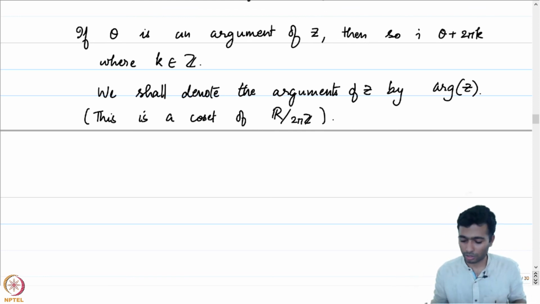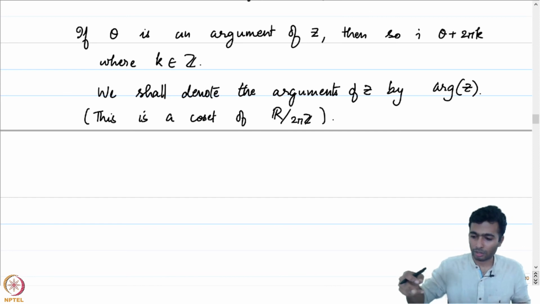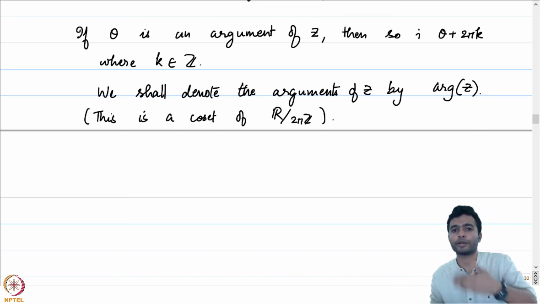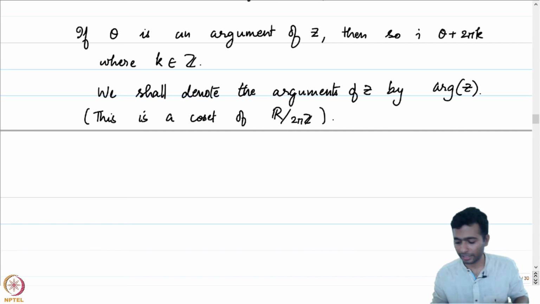Geometrically, we already saw what the argument means. If you go around in the counterclockwise direction 2 pi, you get back the same number, the same vector. That's the geometric picture to look at.